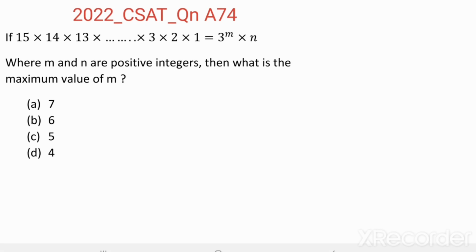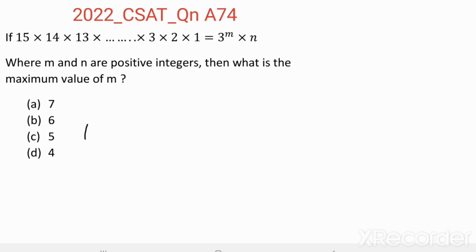Question number 74. If 15 into 14 into 13 into etc. 3 into 2 into 1 equal to 3 power m multiplied by n, where m and n are positive integers, then what is the maximum value of m?